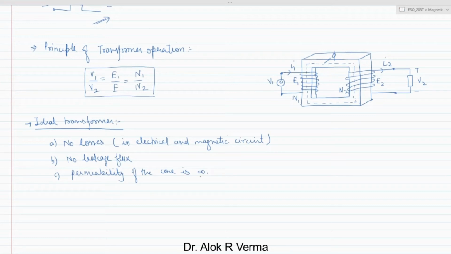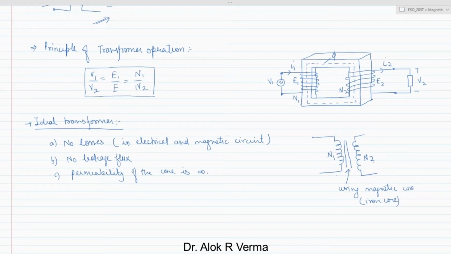Correct. So now onwards, when we see a symbol of a transformer, like one winding, these two parallel lines, and another winding, it means that these two coils, having turns N1 and N2, are linking using a magnetic core, which is iron core basically. So these lines represent the iron core of a two-winding transformer.